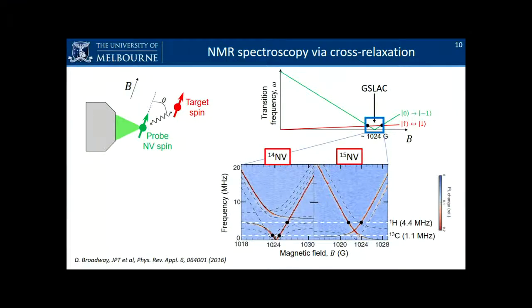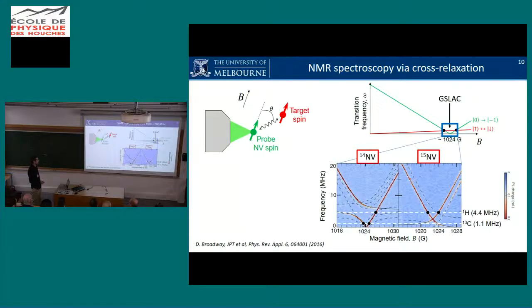This is the GSLAC structure, which comes from the anti-crossing from the hyperfine interaction of the NV electron spin with the nitrogen nuclear spin of the NV. You have the two cases, the two isotopes for nitrogen, 14 and 15, and this is the structure we get in the two cases. We see that there is no universal good isotope to use here.